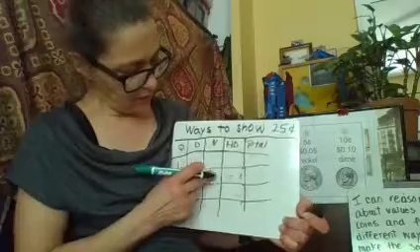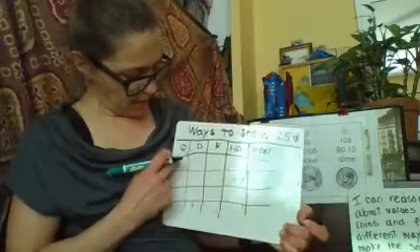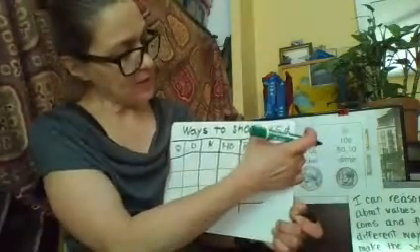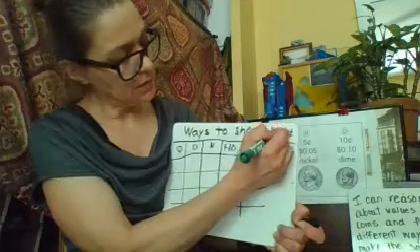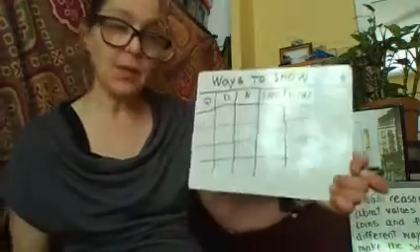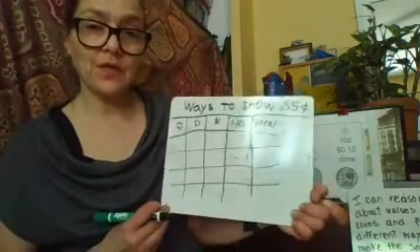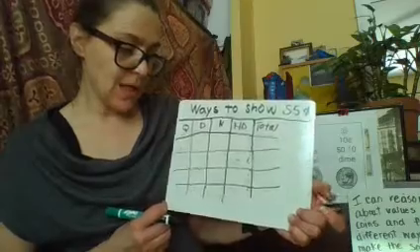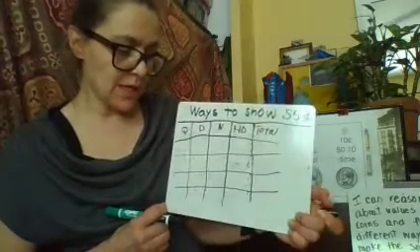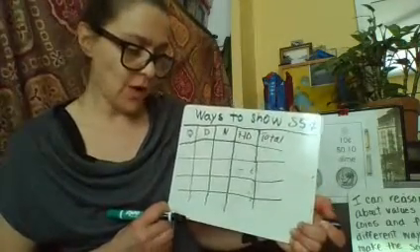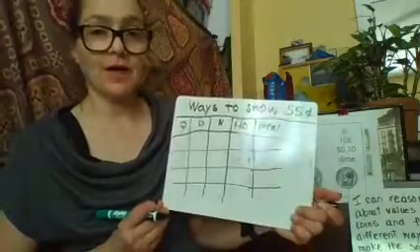So, how many different ways can we make 55 cents? It asks. Tony wants to buy a pencil. It is worth 55 cents. He has half dollars, quarters, and nickels. Find all the ways he can make 55 cents.